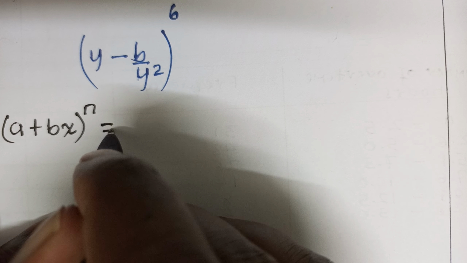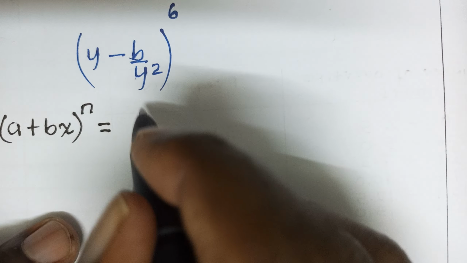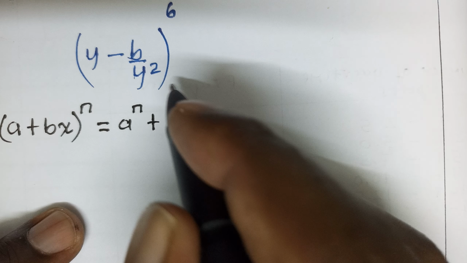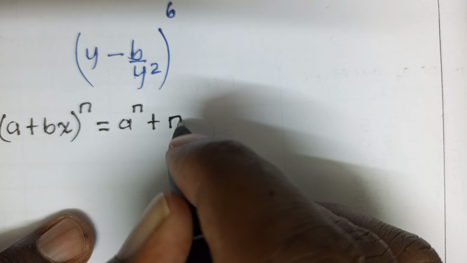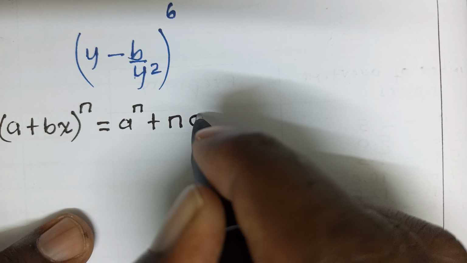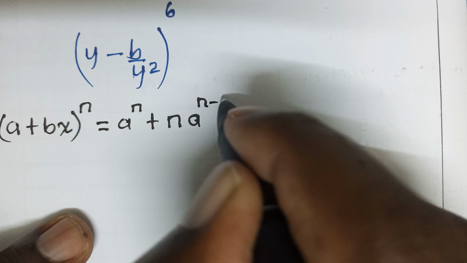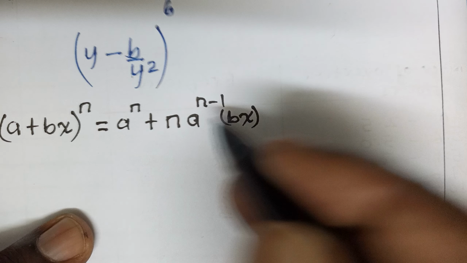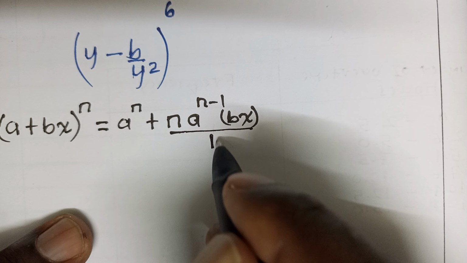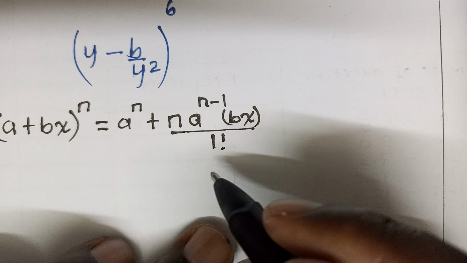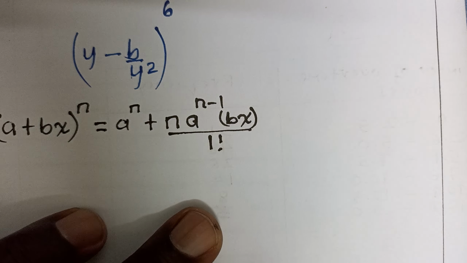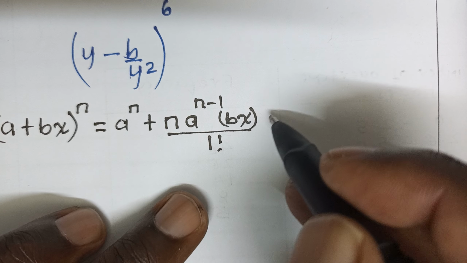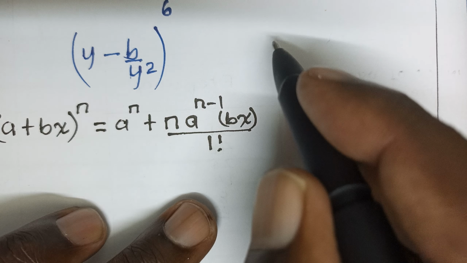This gives us a raised to n, plus n a raised to n minus 1, then we have bx all over 1 factorial. Of course, 1 factorial is not a must that you need to write, but let's continue so that we can see where we have started.